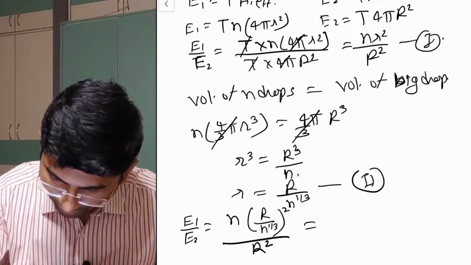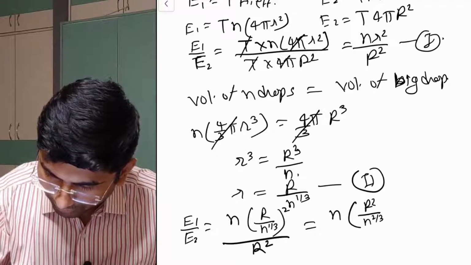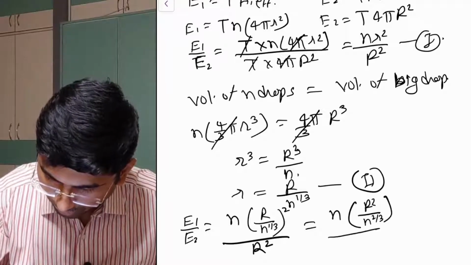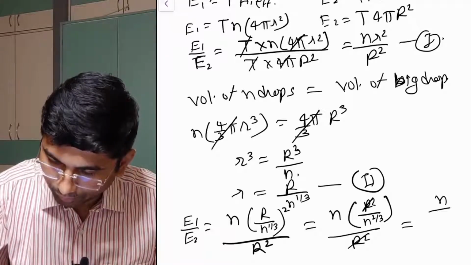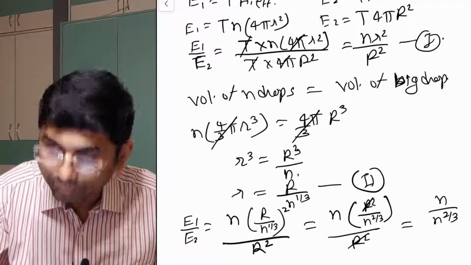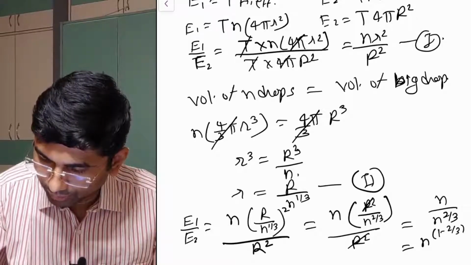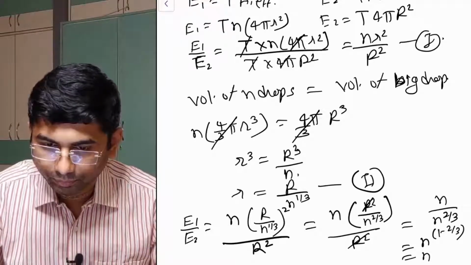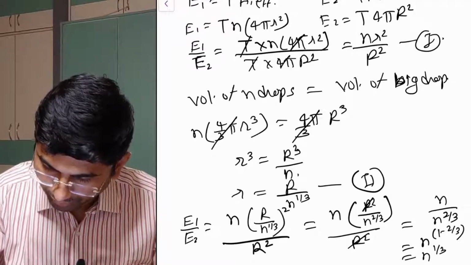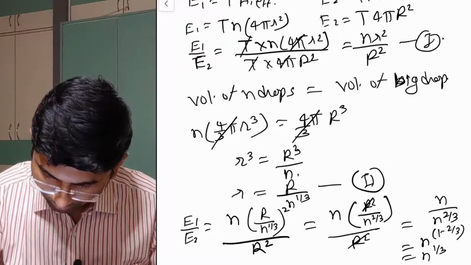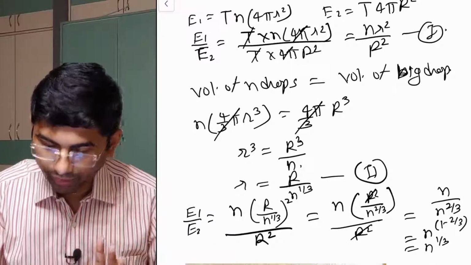After solving it, it will be n into R square upon n to the power 2 by 3 upon R square. Now this R square is getting cancelled, n upon n to the power 2 by 3, that is equal to n to the power in bracket 1 minus 2 by 3, that is equal to n to the power 1 by 3.